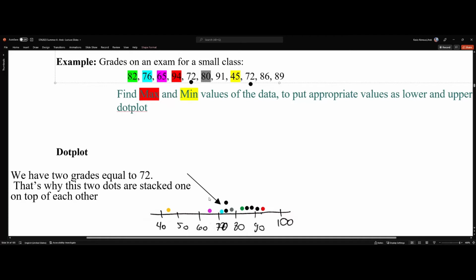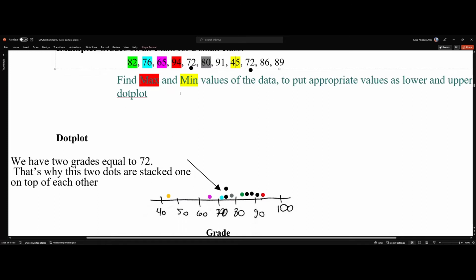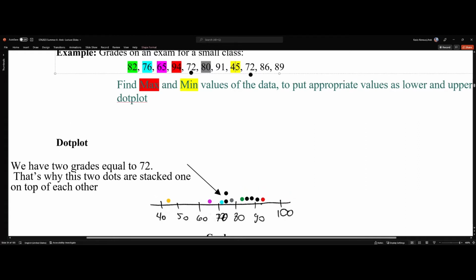Then we have the 65, which is clearly between 60 and 70, because 65 is larger than 60 and smaller than 70, right? Then we have the teal color, and the interesting thing is that we have two grades equal to 72, one, two. That's why these two dots are stacked one on top of the other, as you can see.